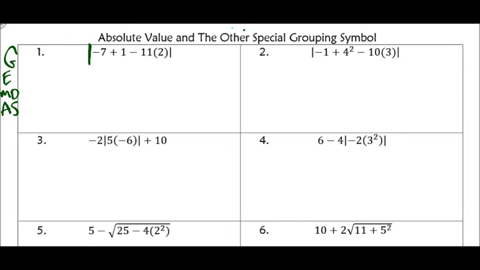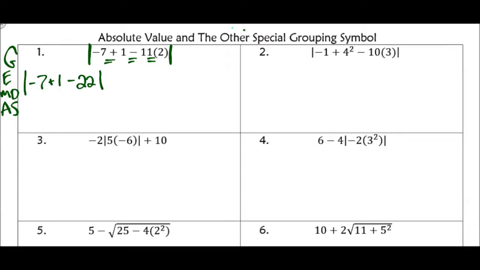I have absolute value bars around this entire thing. I'm doing everything inside of there, and then I'm going to think about what the absolute value does to it. So I still have to follow order of operations inside of there. I have addition, I have subtraction, and I have multiplication, so I'm going to multiply first. I got -7 plus 1 minus 22.